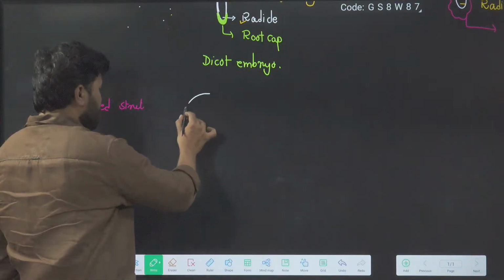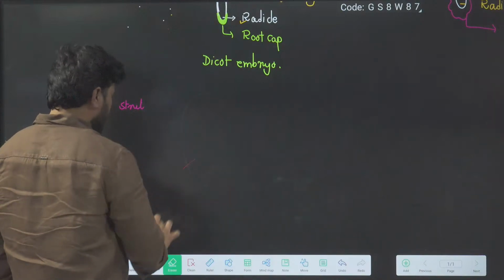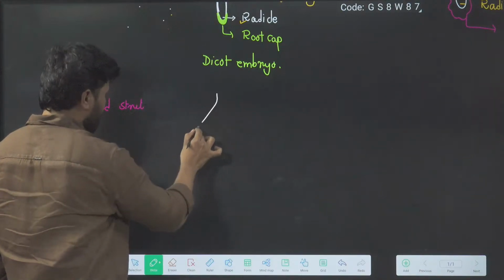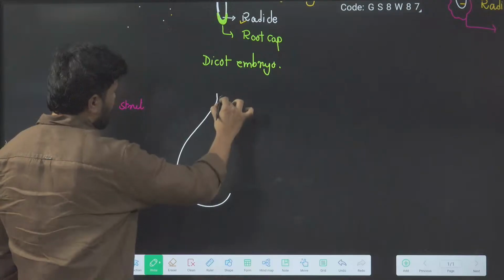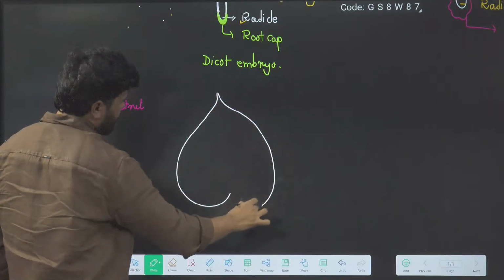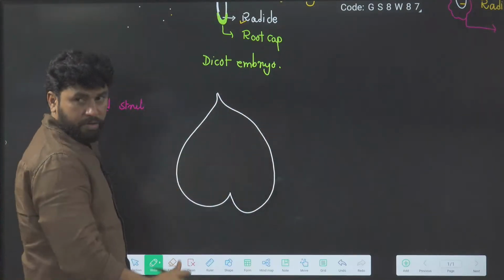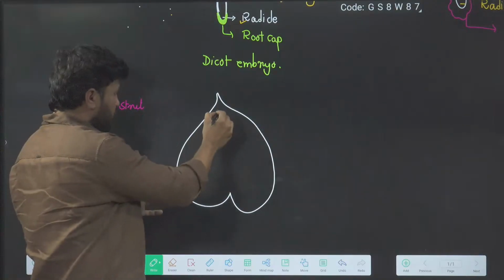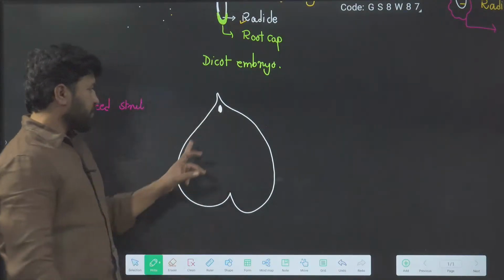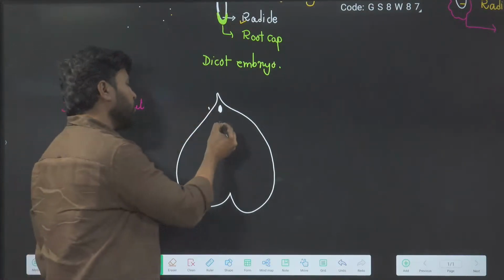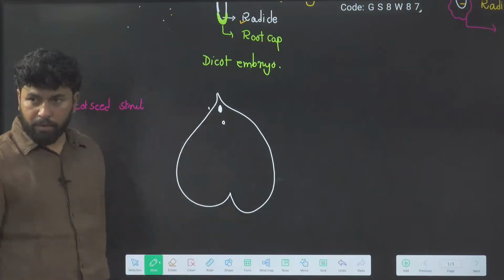It has a seed coat. Outside the seed coat you see this whole structure, as I have mentioned, this is the hilum. Below the hilum there is a part called the micropyle.